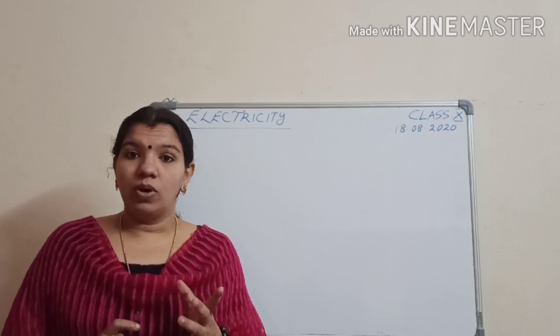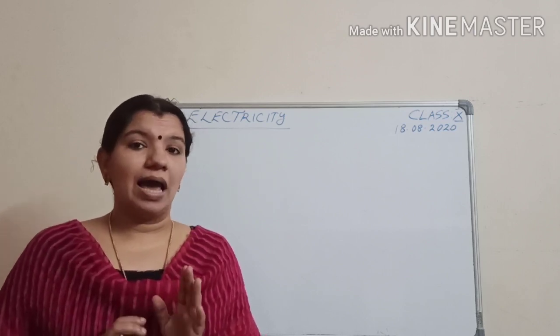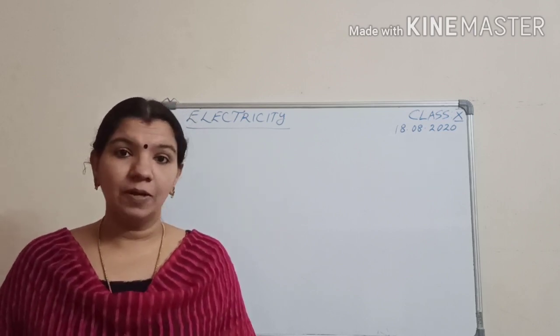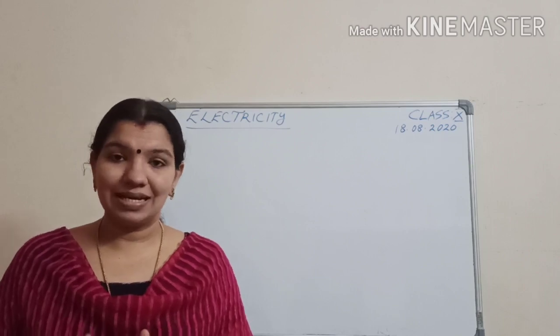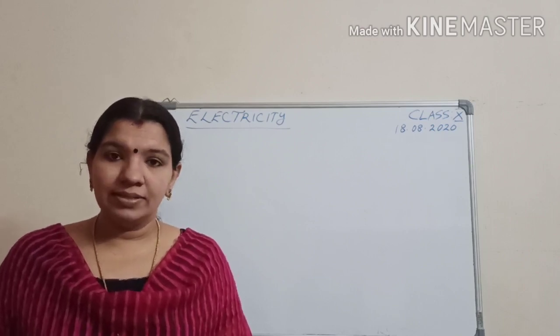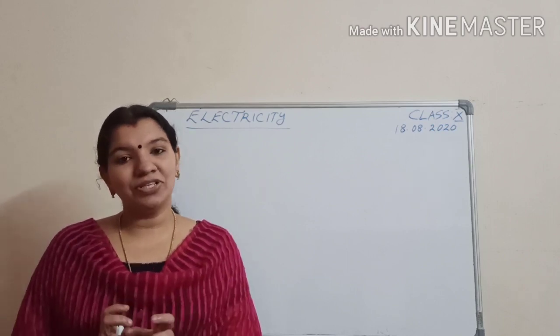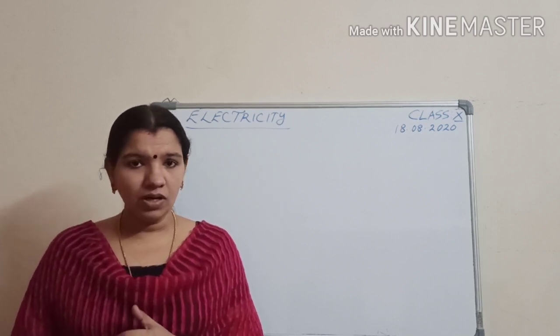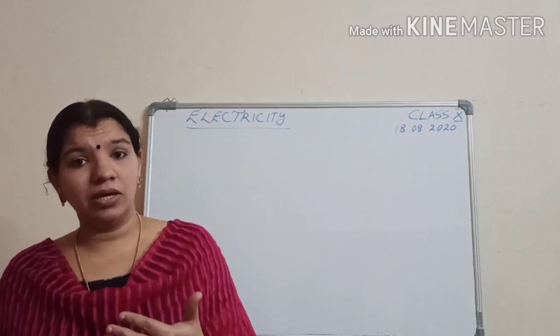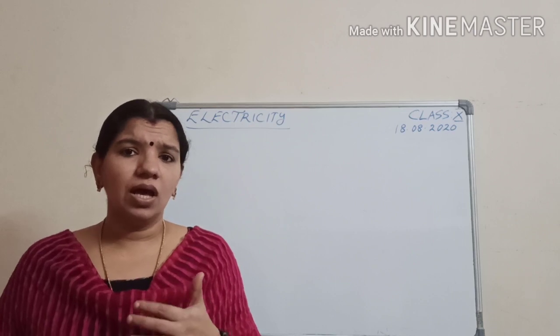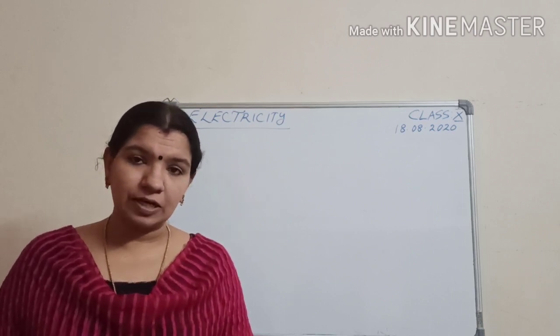Clear? Now, today we are going to study another important topic, again related to resistors, resistance. What is that? It is the combination of resistors. In your higher classes you have to study a large number of electrical circuits.